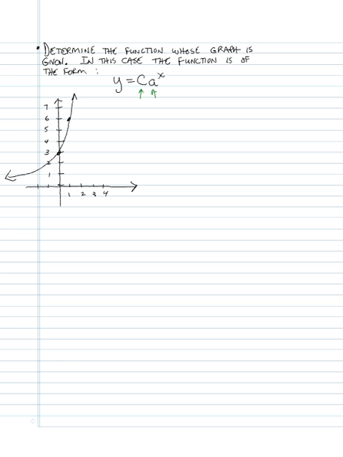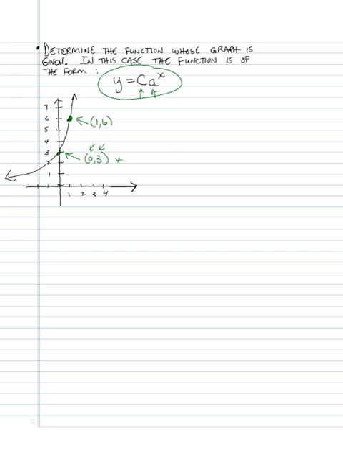Now, the other thing that we're given here is that we know 2 points on the graph. One of the points is the point 1, 6, and the other point is the point 0, 3. Let's consider this point first. We know that the equation looks like that, and we are given an x value and a y value.